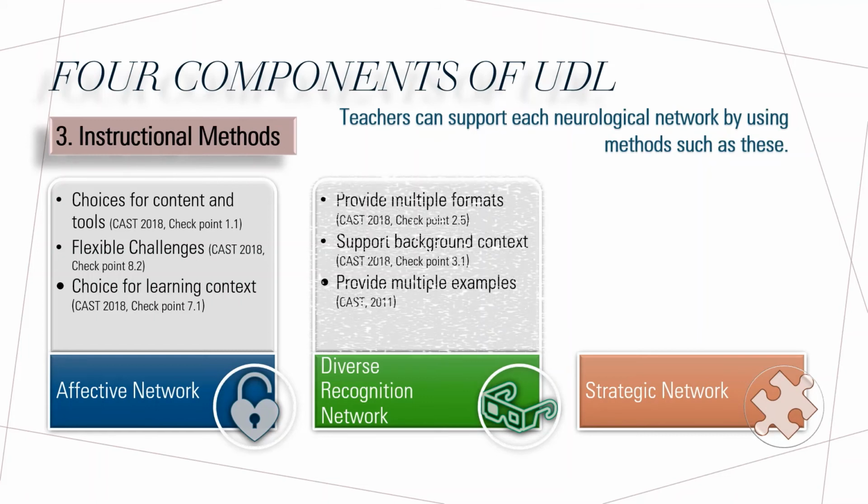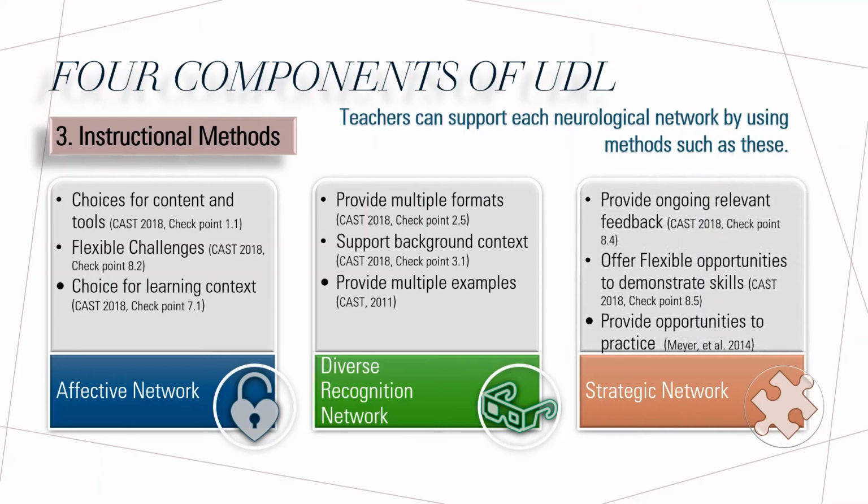For the recognition network, we must provide multiple formats, support the background context, and provide multiple examples. And for the strategic network, we must provide ongoing, relevant feedback, offer flexible opportunities to demonstrate skills, and provide opportunities to practice.